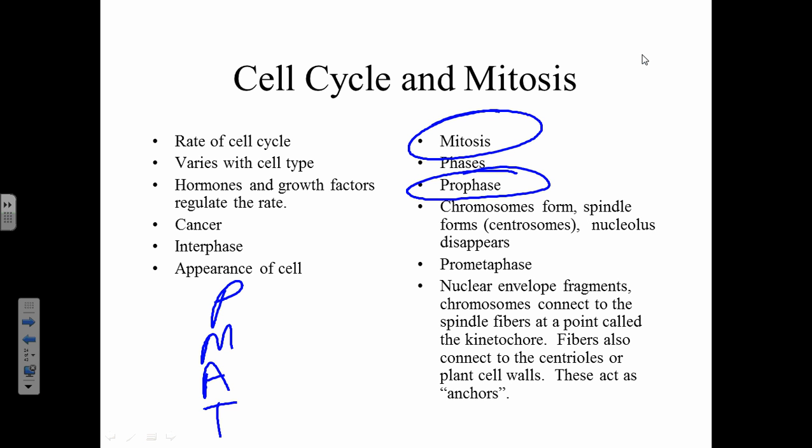When it's time for mitosis to start, that DNA winds itself up. And that's what a chromosome is. Chromosome is DNA in its wound up form. Chromatin is DNA in its unwound form.